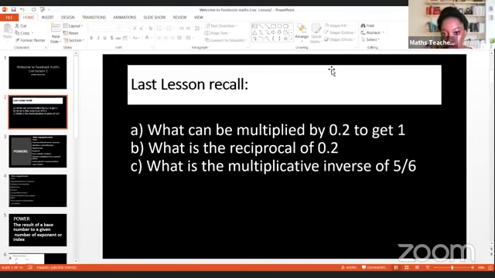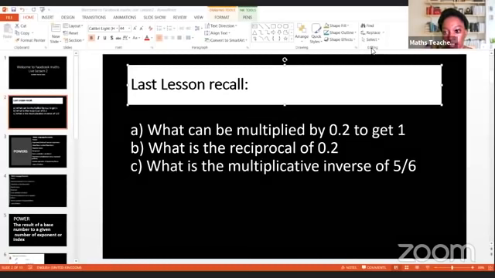Last week, I'm sure we did talk about reciprocals and fractions. If you have your notebook and pen, it would be great to write these questions down to remember what we did in the last lesson.